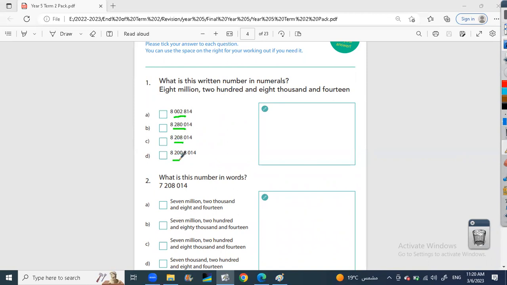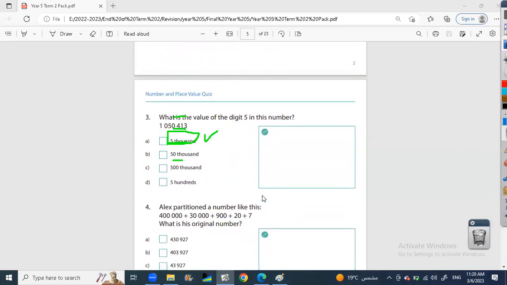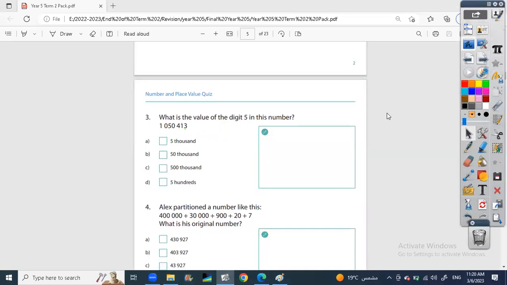Okay, this one is not 208,000. So the only one, without even continuing the number, the only one that is correct is going to be this one. Same technique exactly with question number 2 and question number 3.